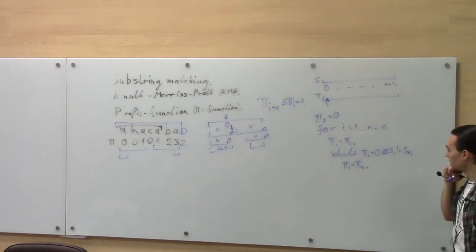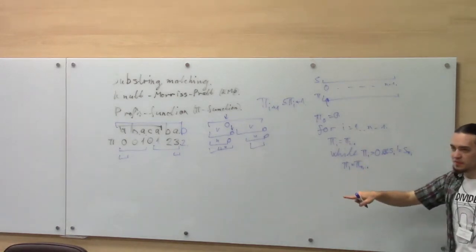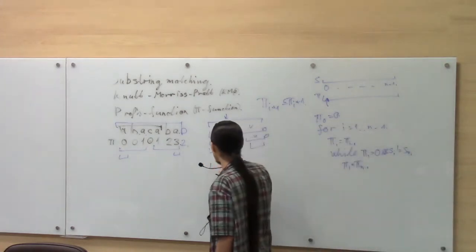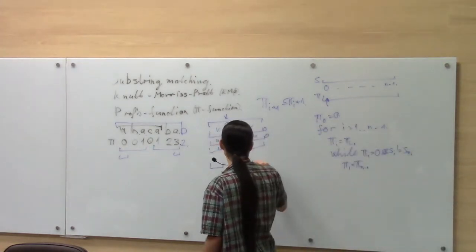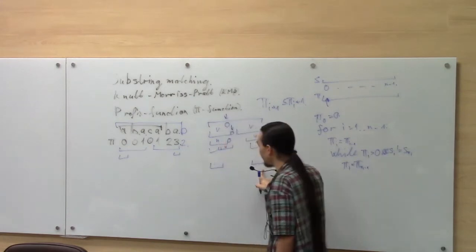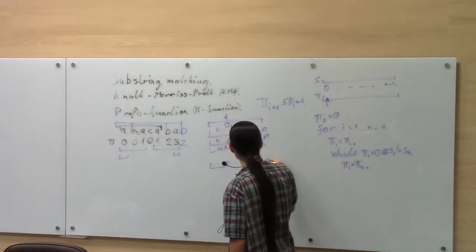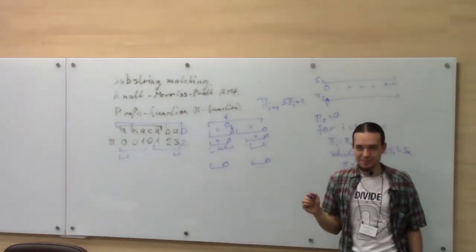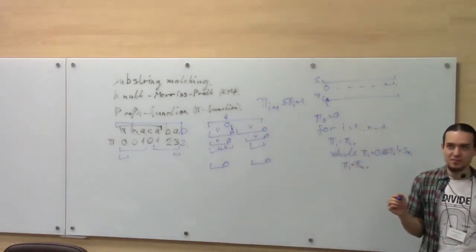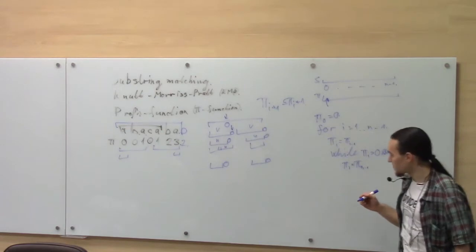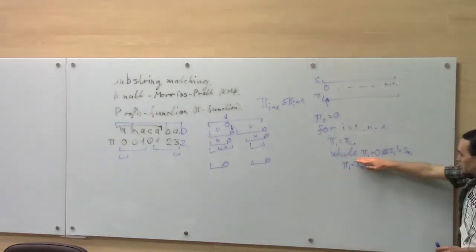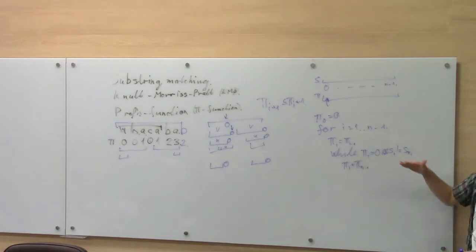But there are still, like, so now after leaving this cycle, we have a certain block, right? That probably have matched, and probably these characters do coincide, but it's not guaranteed, because it could be that our prefix function is 0 and we have stopped because of this condition rather than because of this condition.